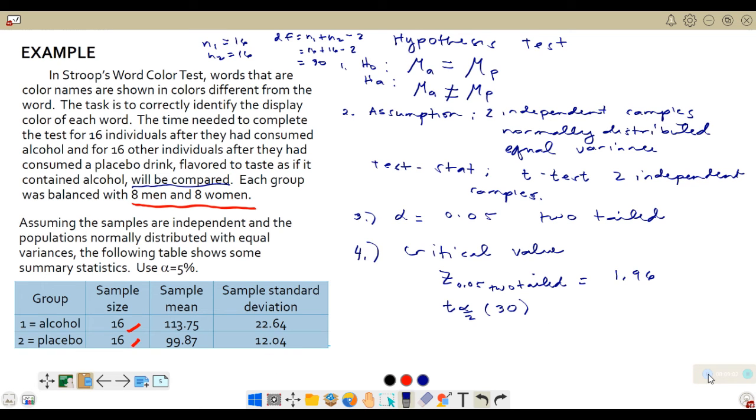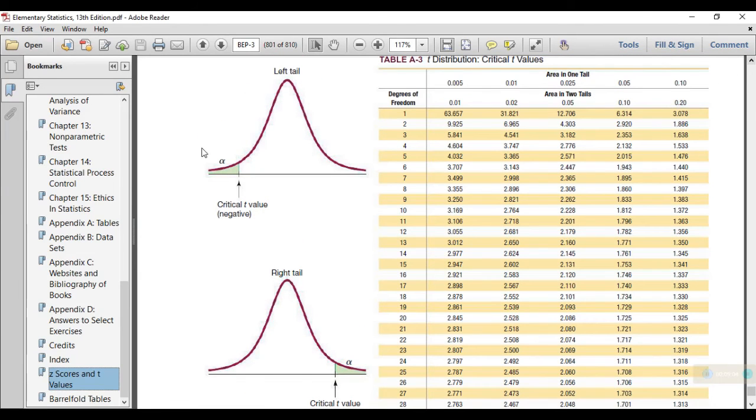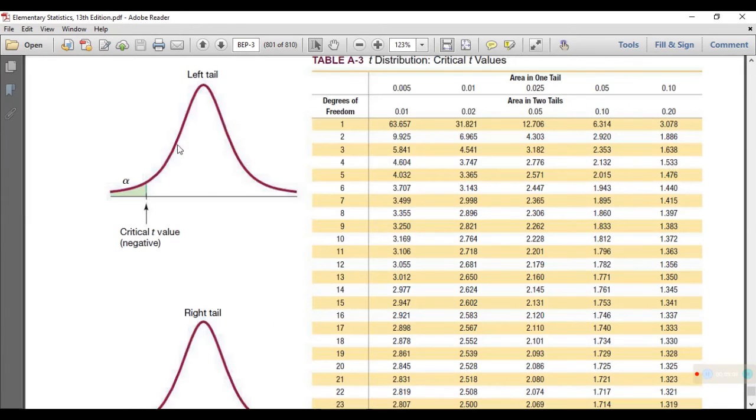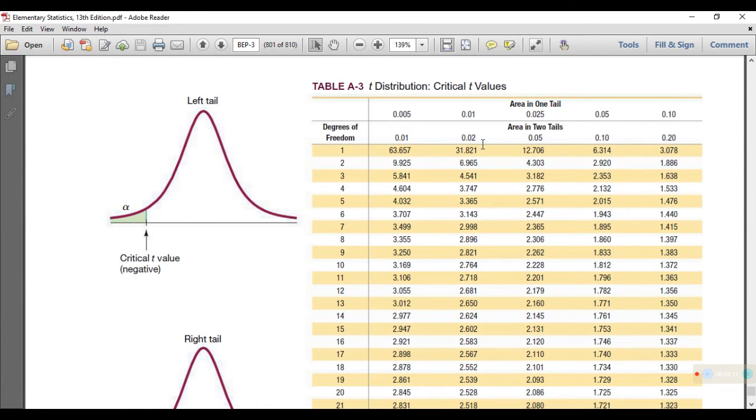To make it clear, sige, pakita ko na rin yung table. Okay, so ito yung table natin na ginagamit for T distribution. So, we are going to look at area in two tails, 0.05.